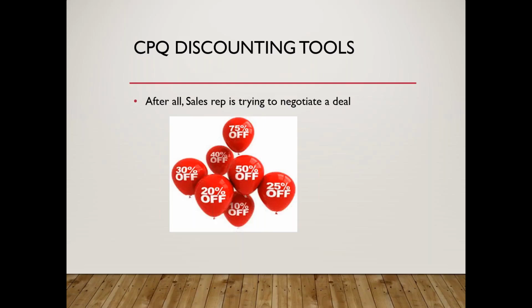So every time you need to negotiate that deal. If you are always saying this is $100, I will not negotiate, nothing will happen, your business will not expand. That's the reason discounting is very important for your pricing team. So we are going to discuss the different discounting tools present in Salesforce CPQ. So let's discuss those discounting tools.